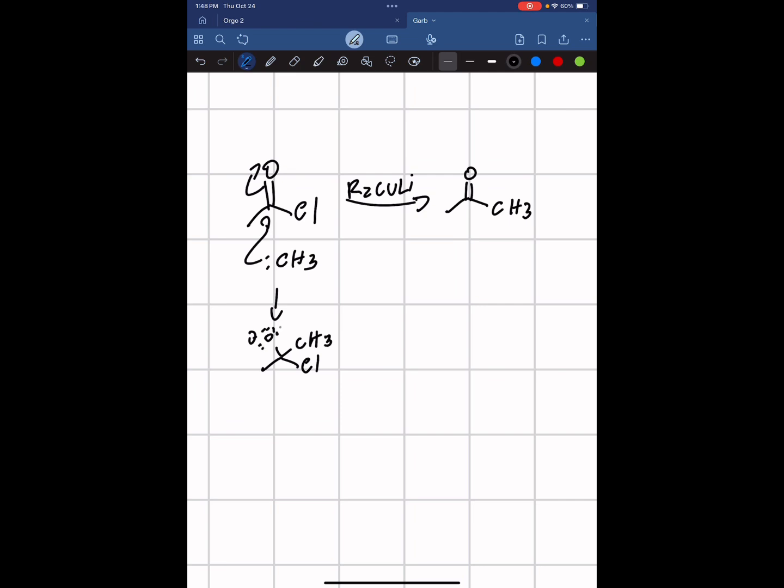And then a lone pair is going to collapse and kick off the chlorine group, giving you the ketone. This one's very easy. All you gotta know is that it just stops at the ketone. All right, and that should be it for acid chlorides.